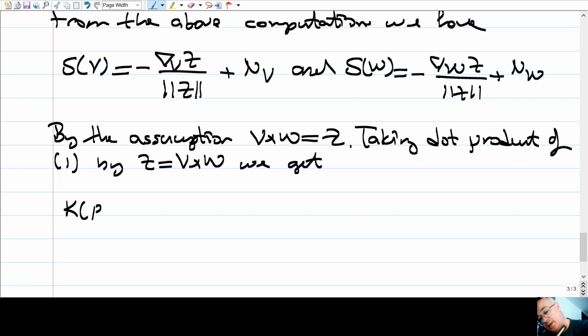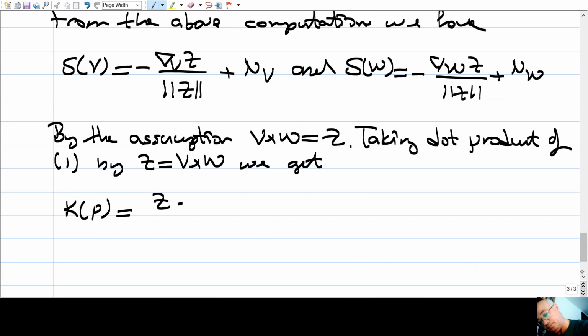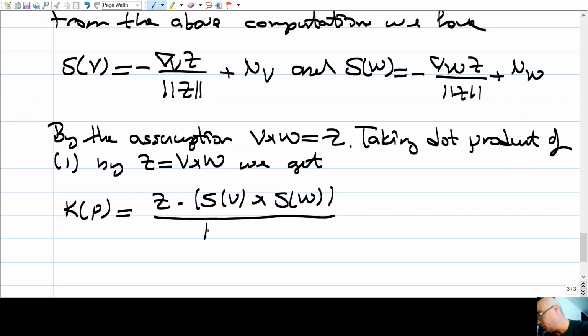We will get Kp, which is just the dot product of this with Z, sorry, divided by norm Z squared, which is Z dot product Z.